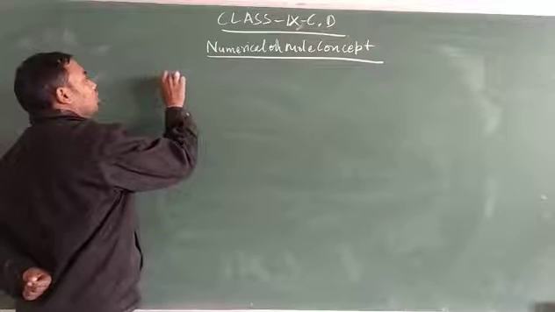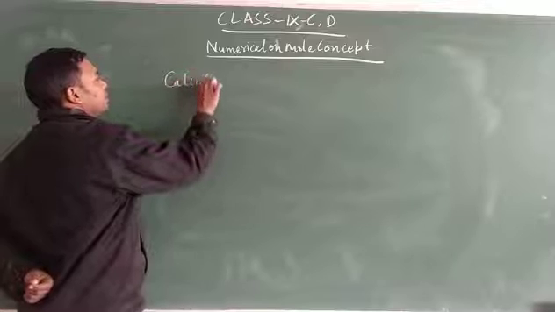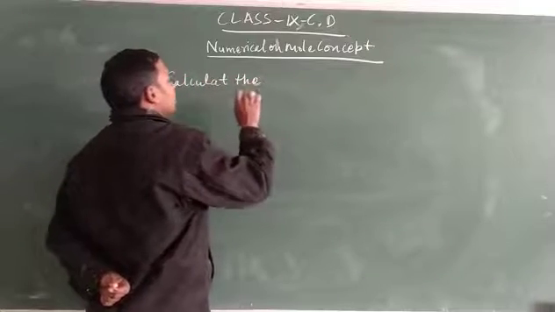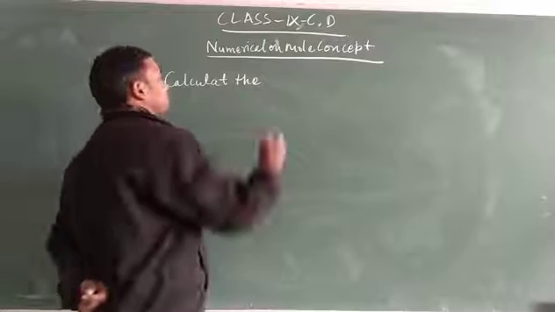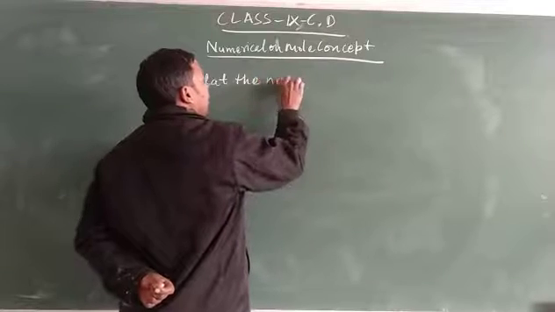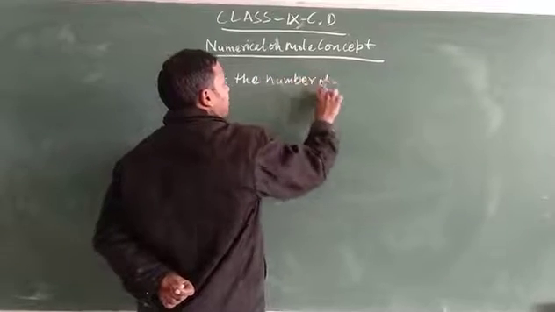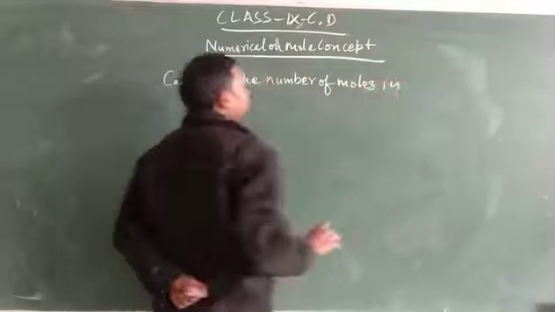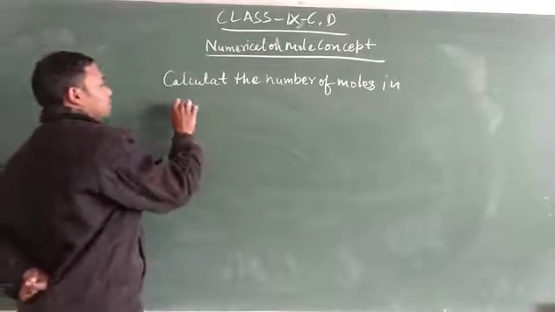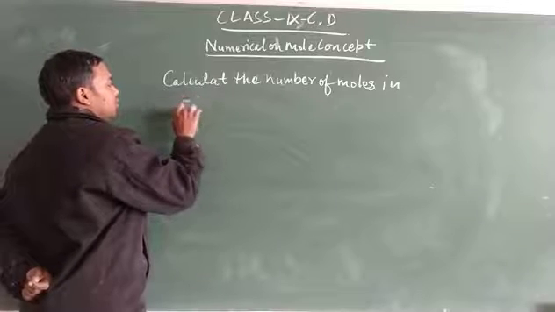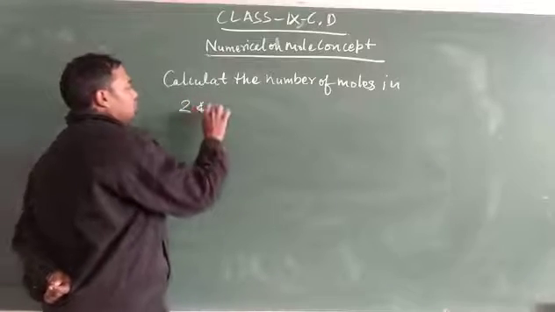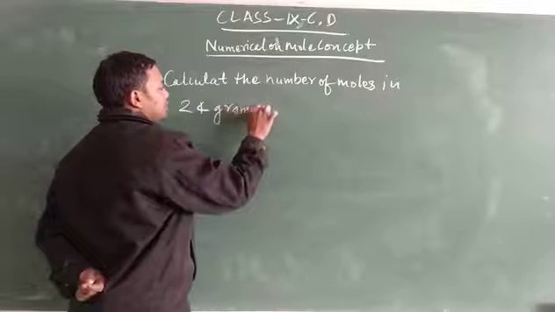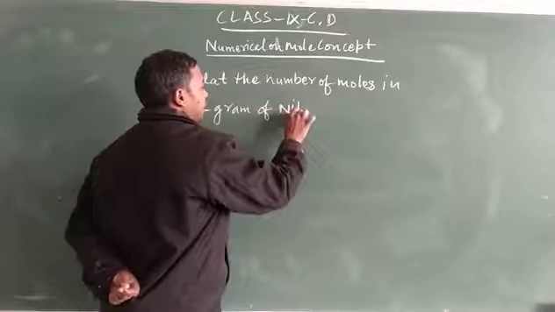Now, calculate the number of moles in 24 gram of nitrogen gas.